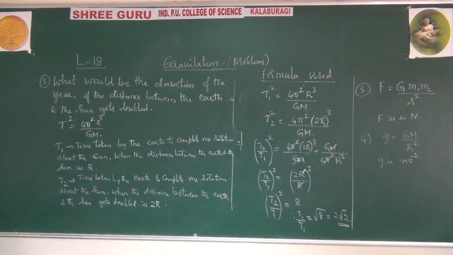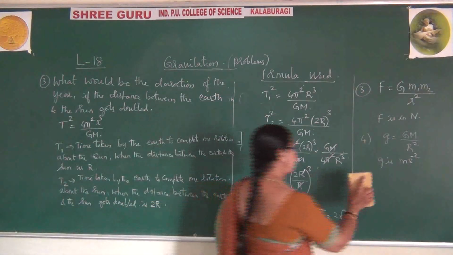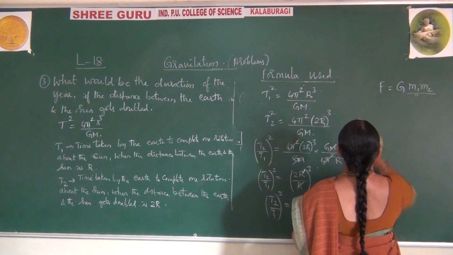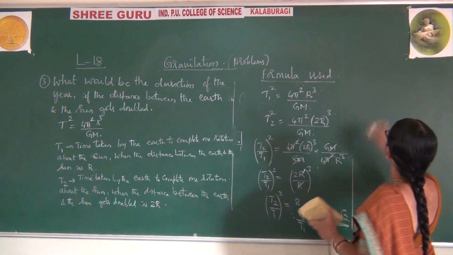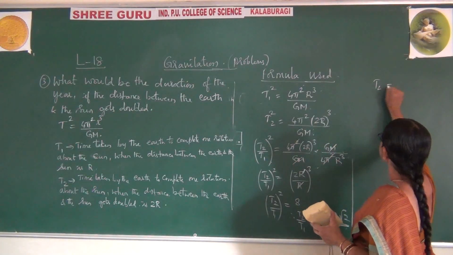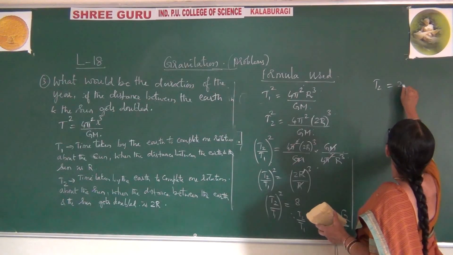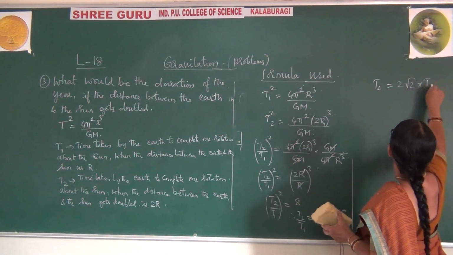What do you mean by 2 root 2? They are expressing it in years here. They have said the time duration is 1 year for T1. So what is T2? Therefore, you can write T2 is equal to 2 root 2 into T1.